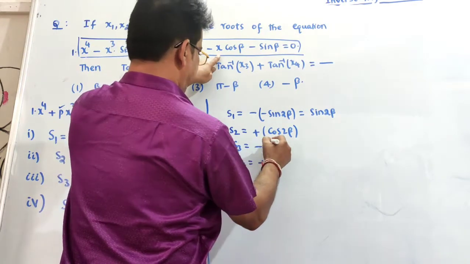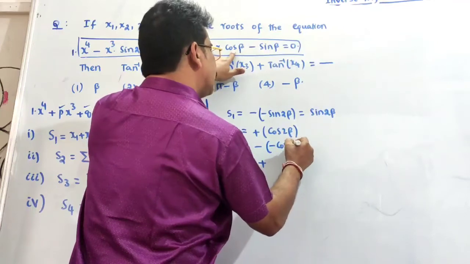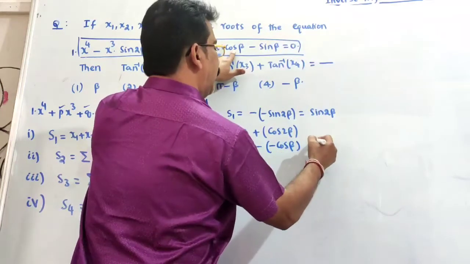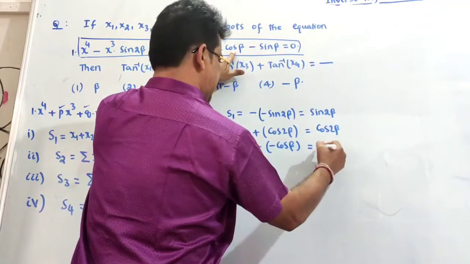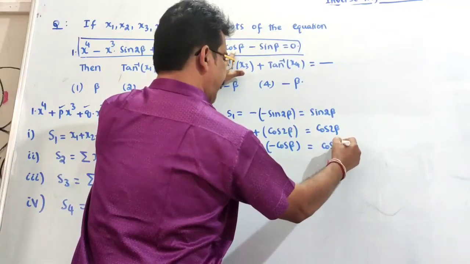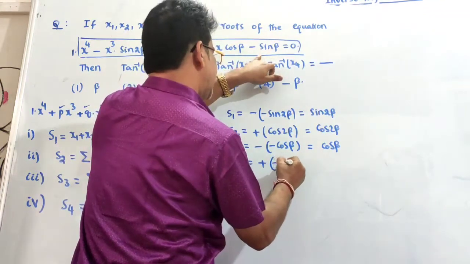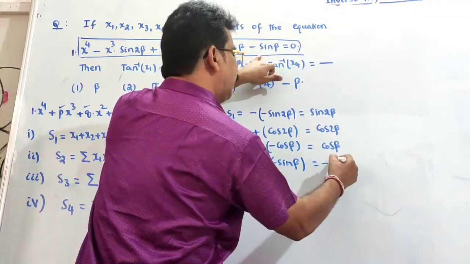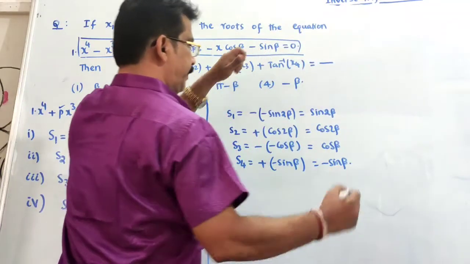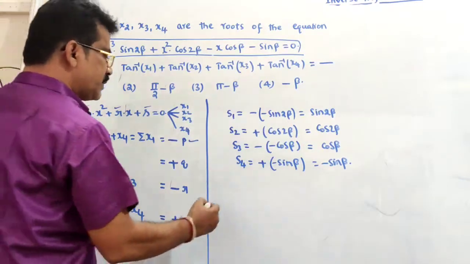S3 is minus of minus cos beta, that is plus cos beta. Next, the last one is minus sin beta. Okay, next, what is the question?